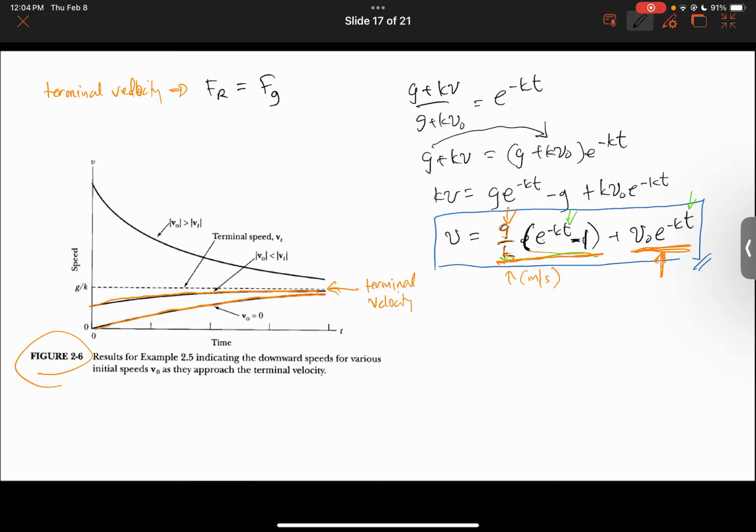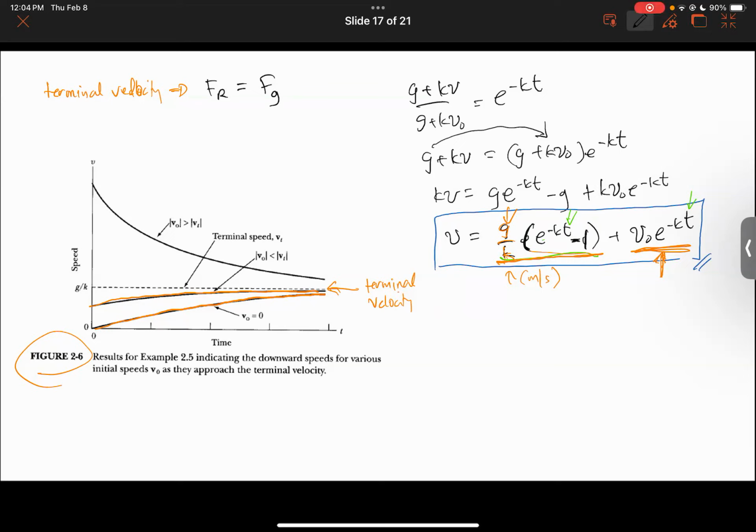So kung hindi na siya nag-accelerate, hindi na rin magbabago yung velocity niya. Mag-increase yung velocity niya hanggang sa terminal velocity, and at terminal velocity, wala na siyang net force, so constant na lang yung kanyang velocity. Zero yung acceleration niya actually. Yun yung ibig sabihin ng terminal velocity dito.